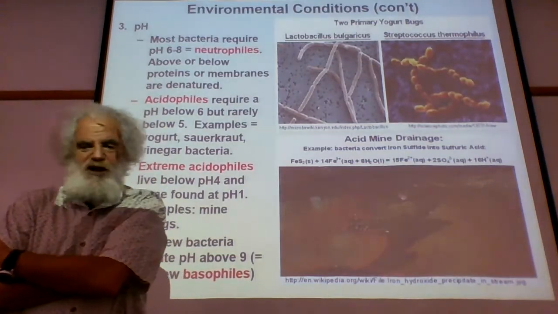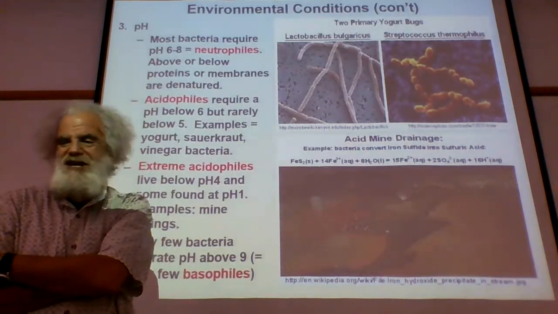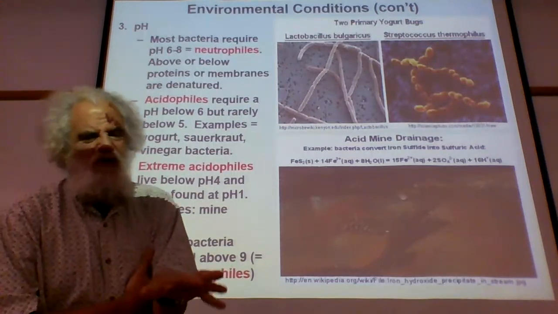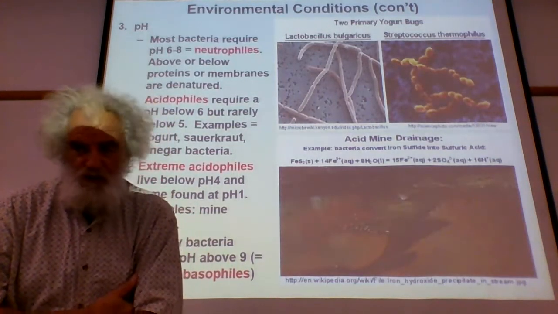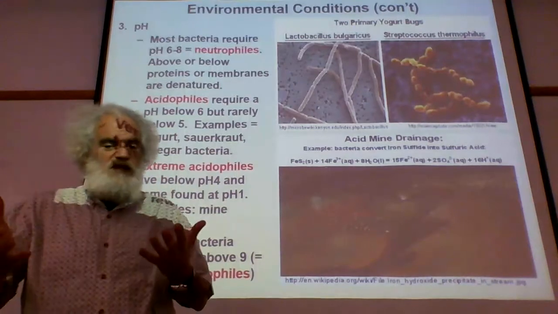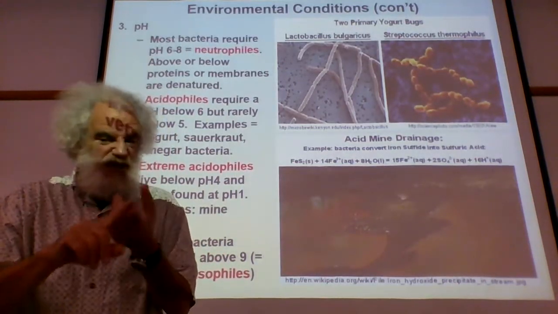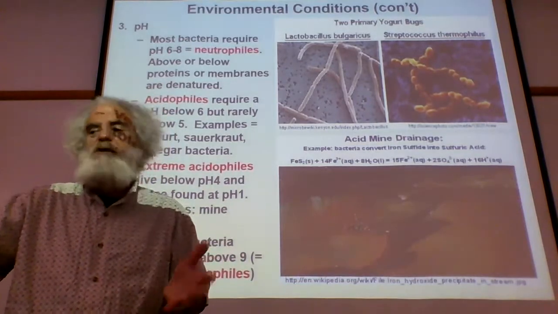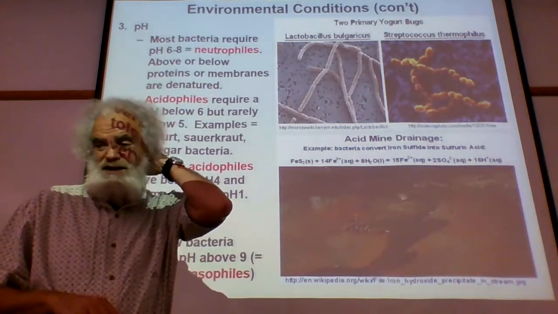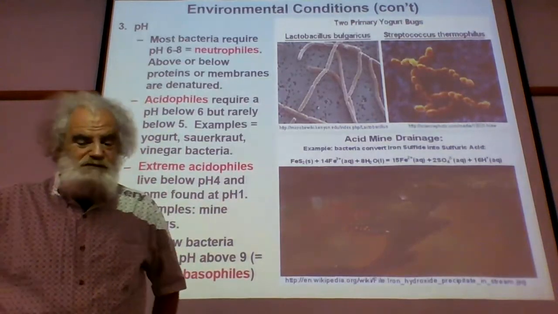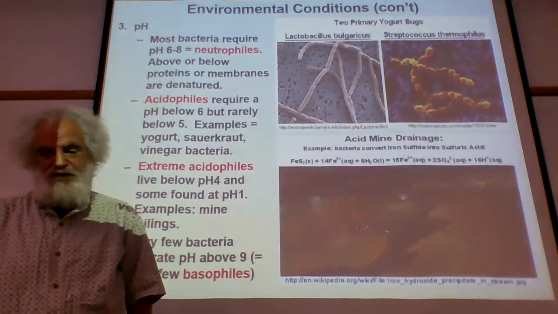They are loving acids in that they require a pH below 6. Generally, they don't go down too low. And this is the type of stuff that we find in things like sour cream, yogurt, sauerkraut, and organisms that make vinegar, because that actually can be a bacterial fermentation process.